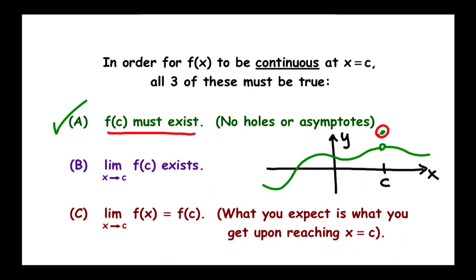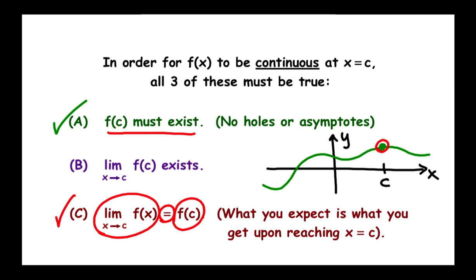It exists, it's up here, so I've covered requirement A, but I still have discontinuity. And so what C says is, no, look, as you approach C from the left or the right, it has to be equal to what you actually see when you're there. So this statement C says, hey, little green dot, get back to where you belong. Get back in that thing, patch that hole up.